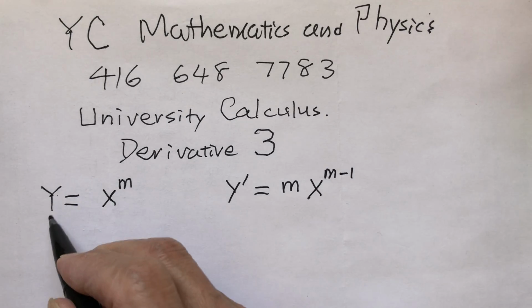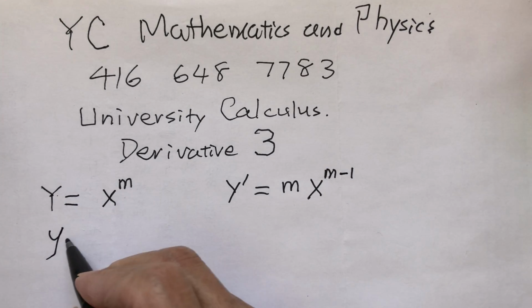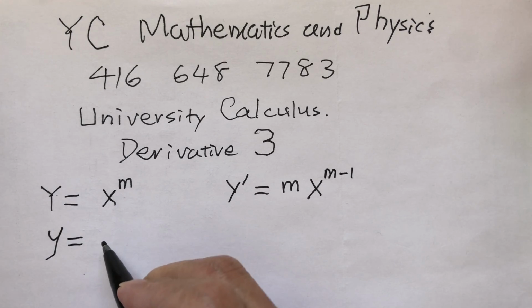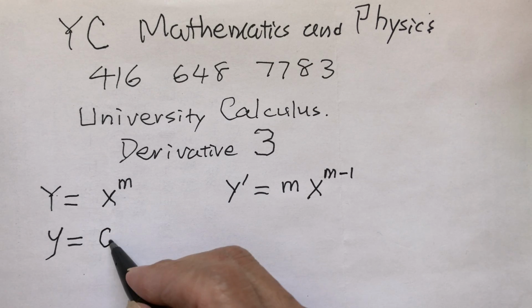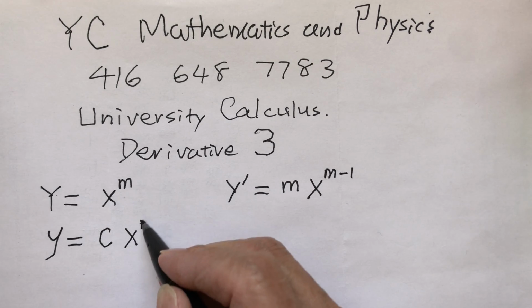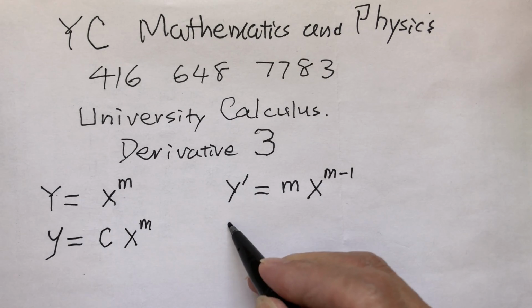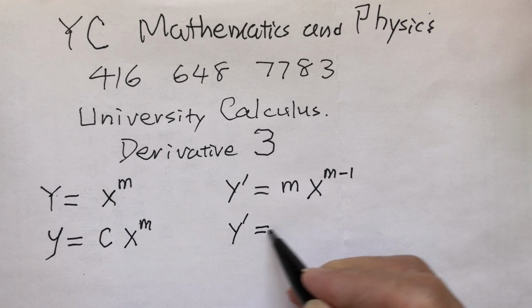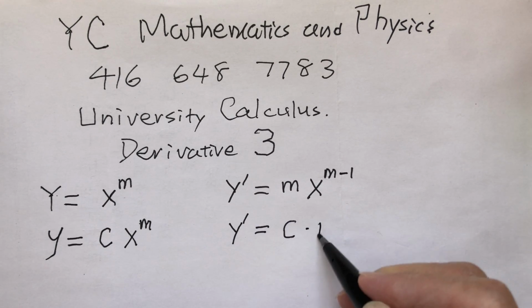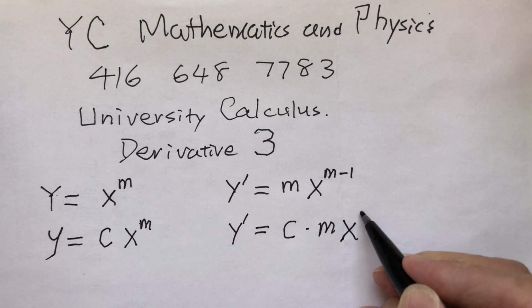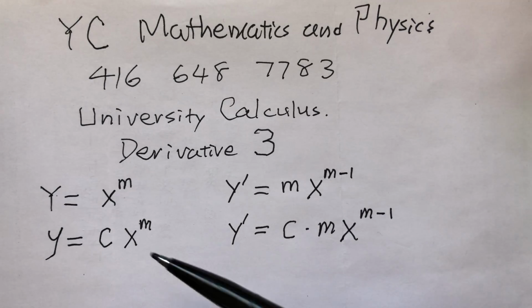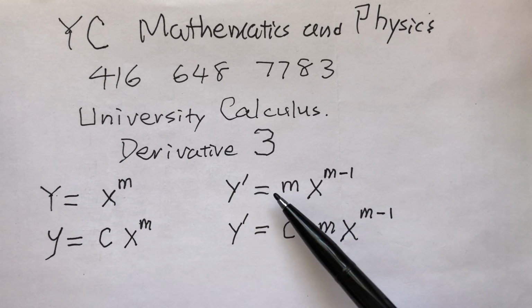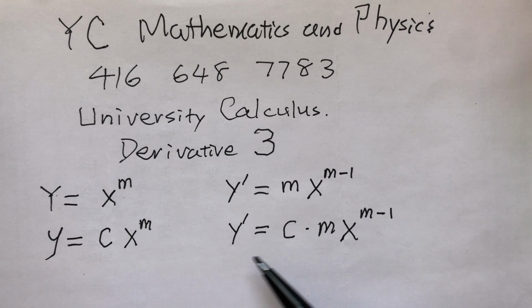Next we discovered y is a constant multiple. So you have a constant c multiplied by the power function. Then the derivative is c times m, and x, the power is reduced by 1. Power rule here, and constant multiple rule.